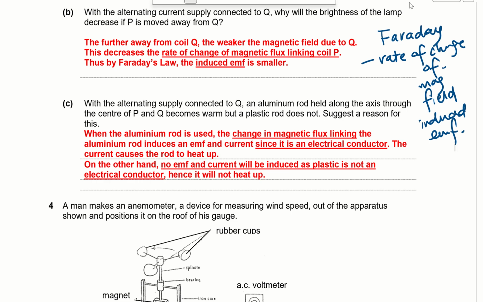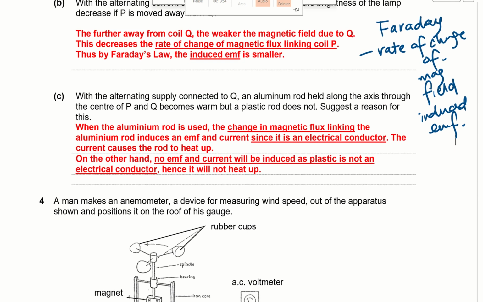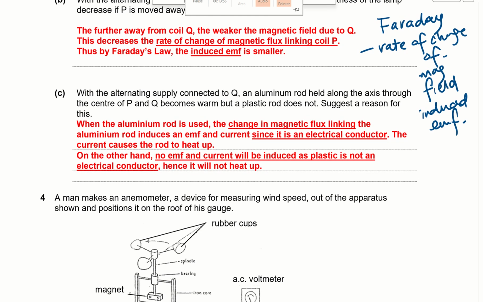Then for Lenz, it is to explain the direction of the induced current, and for Fleming, it is to predict the direction of the induced current. So you need to know the role of each individual. Faraday is always talking about the rate of change of magnetic field to induce an EMF.